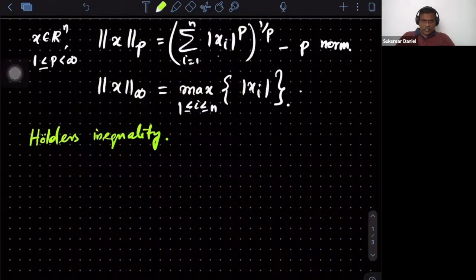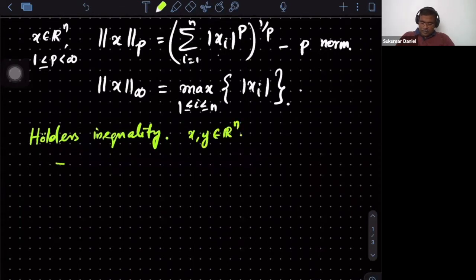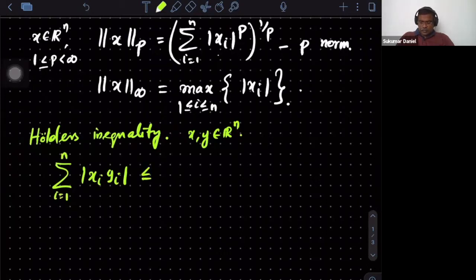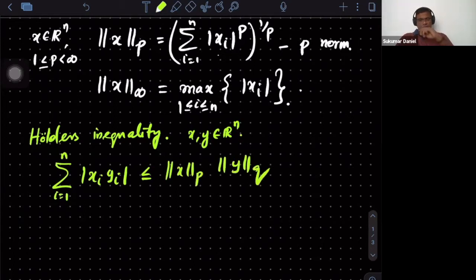If I consider x and y from Rn, then the summation of xi yi, i equal to 1 to n, is actually less than or equal to the norm of x in p into the norm of y in q.